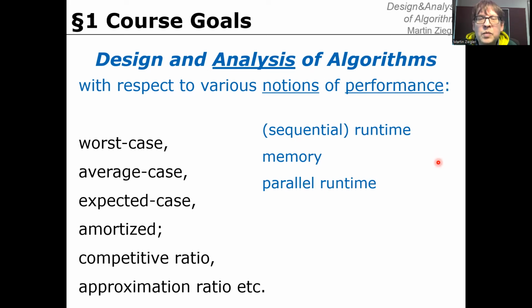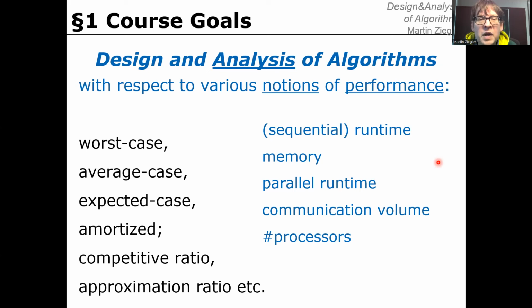Other notions of algorithmic cost include parallel runtime when we talk about parallel algorithms. In this setting, maybe communication volume is also more important than the actual running time, in case communication is the bottleneck. Or the number of processors.